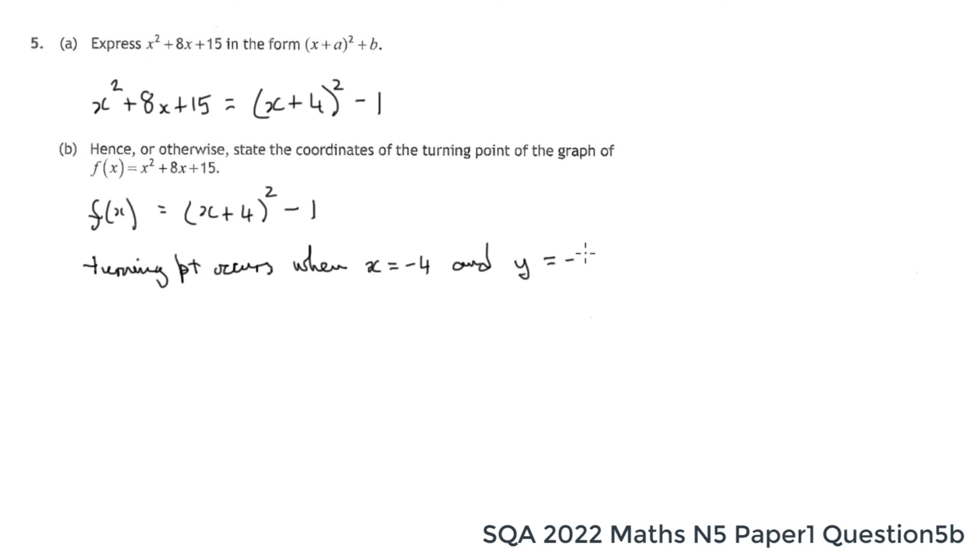You remember that from the graph. So the turning point occurs when x is -4 and y equals -1. So the coordinates are -4, -1 for the turning point, which happens to be a minimum turning point of the graph.